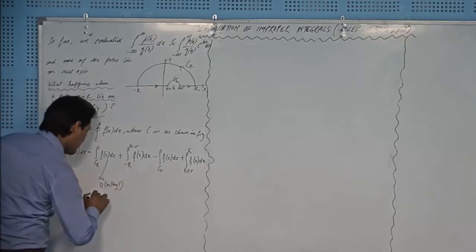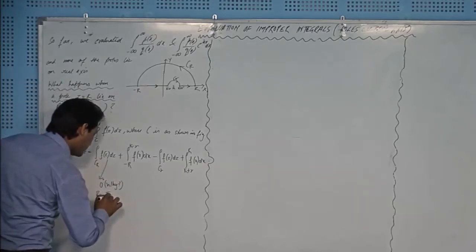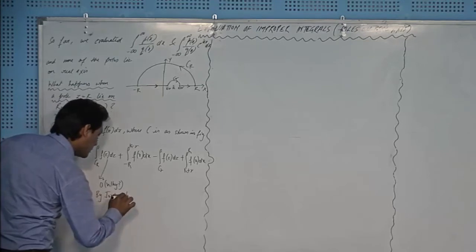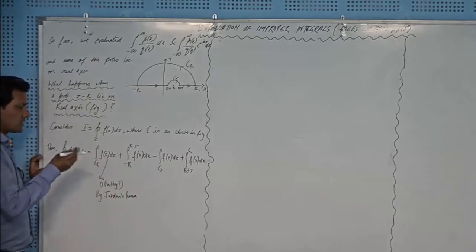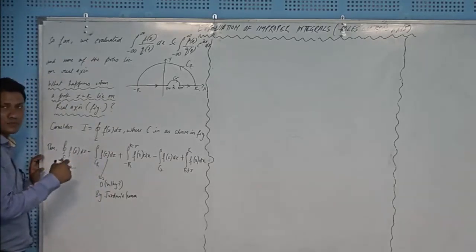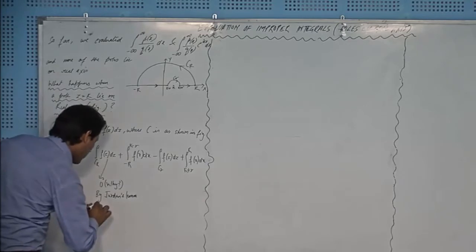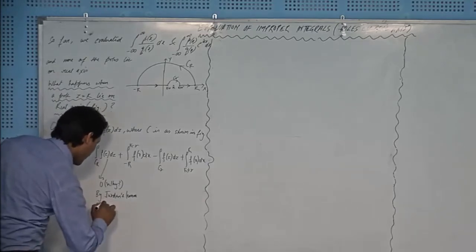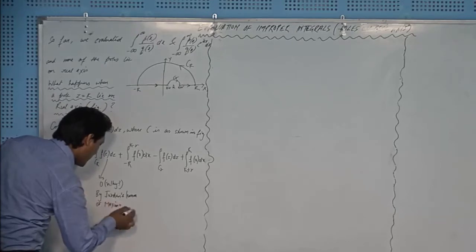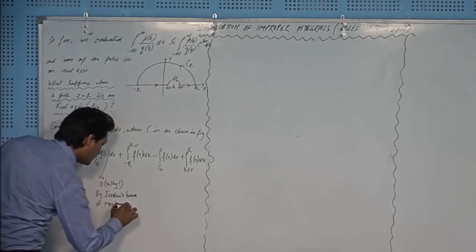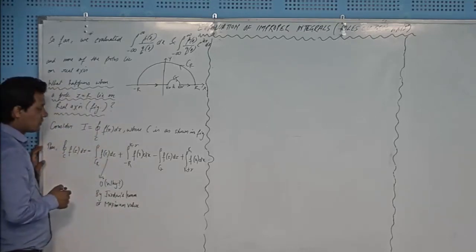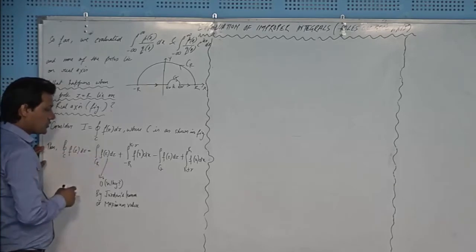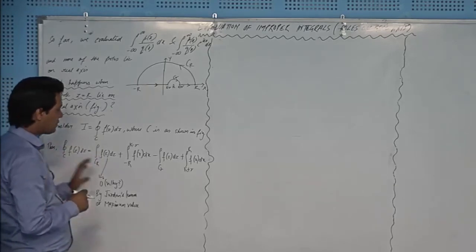It is 0 by Jordan's lemma, if f z is of the form e to the power i a z multiplied by p z over q z. Or we apply the maximum value, the upper bound, when this is of rational form. So this goes to 0, and we are left with this thing.